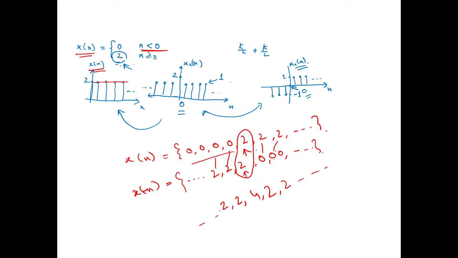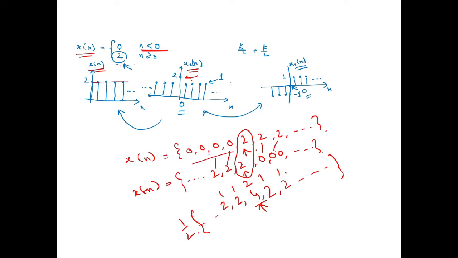And then we have a multiplier of half. So at the origin, after multiplying with half, it becomes 2, and the rest of them become 1. So if you see x e of n, it is given by this: at the origin it is 2, and in the rest it is like this.